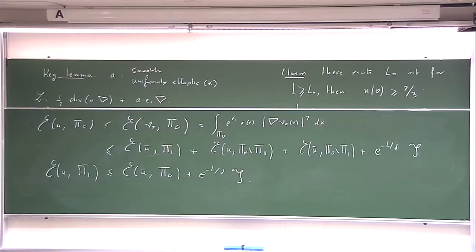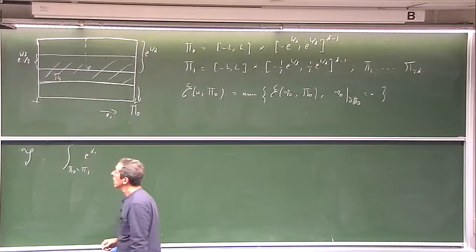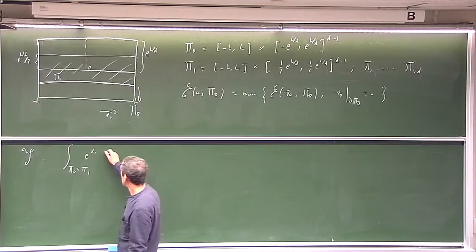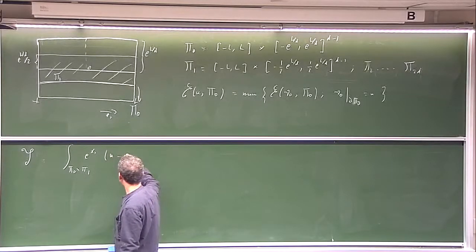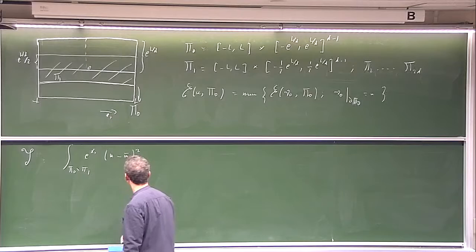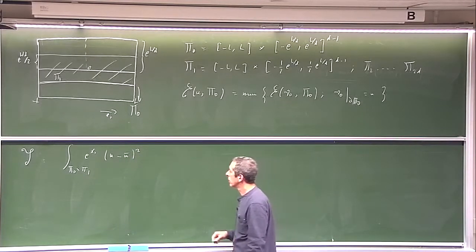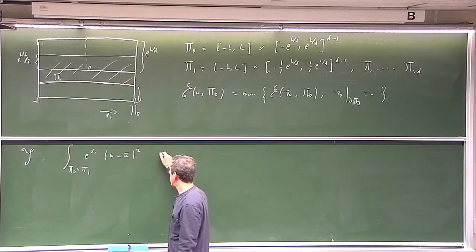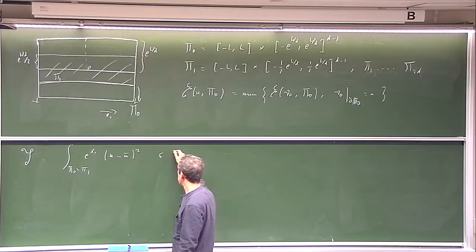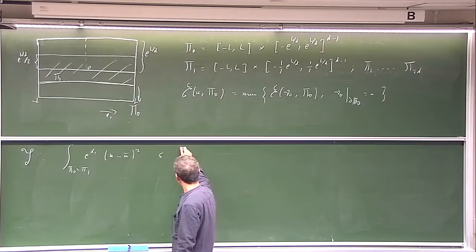But basically, not exactly, but I is something like the integral over pi 0 minus pi 1, something like exponential x1, and then probably u minus u bar squared, something like this. Which we can separate the part where we have u bar, which is not very difficult.